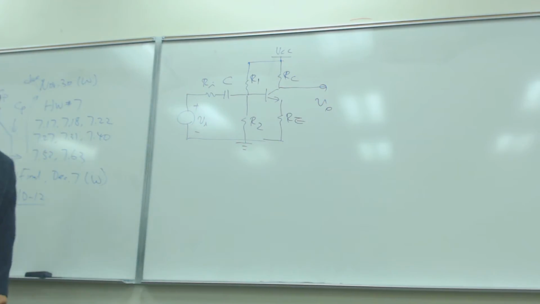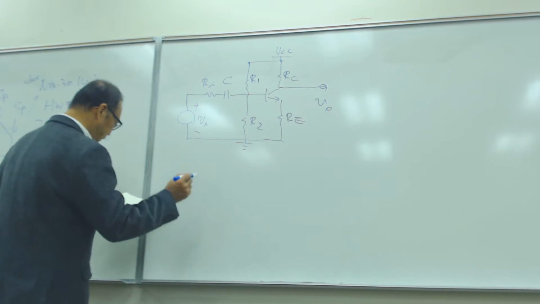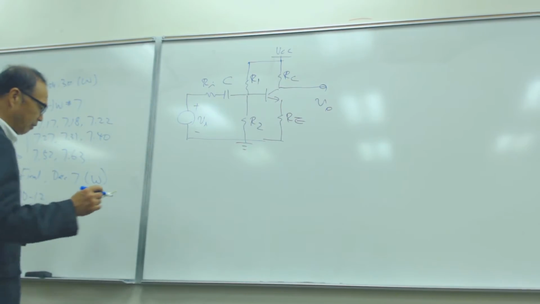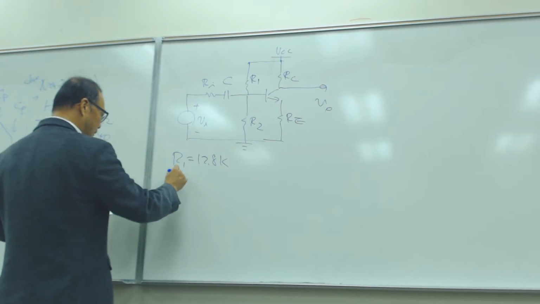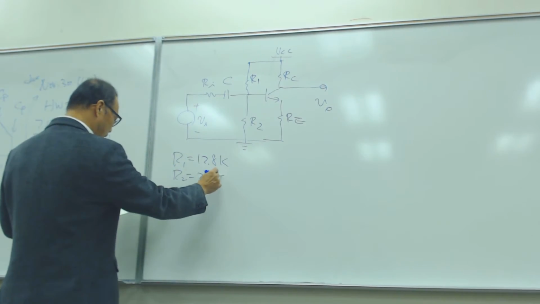So basically, I want to find out the Bode plot, the frequency response of this circuit. There are lots of values I have to give you. R1 equal to 12.8K, R2 2.4K.